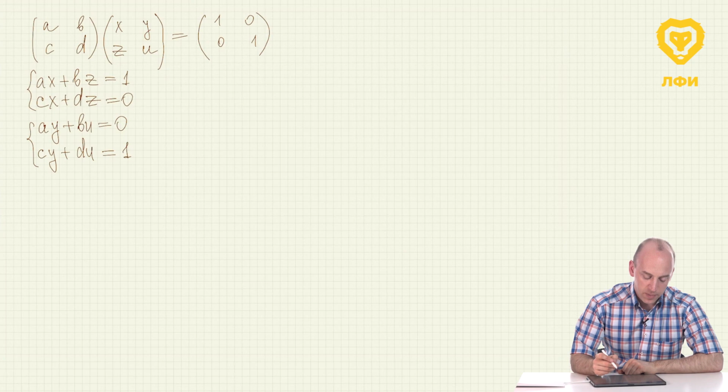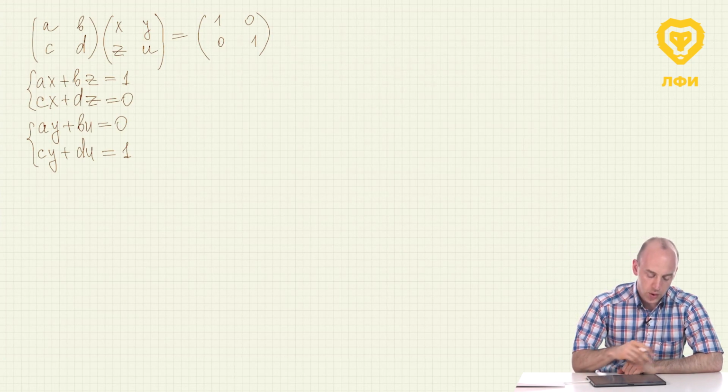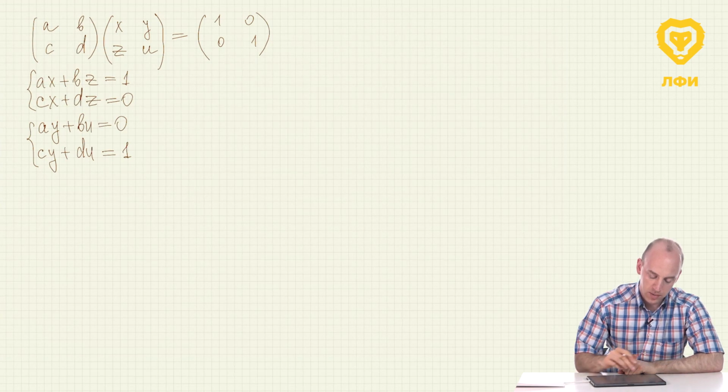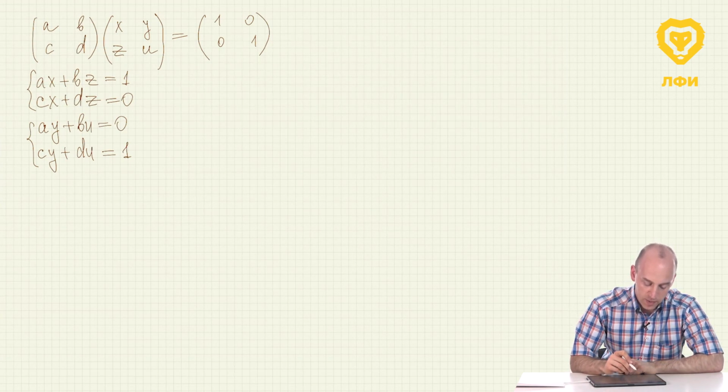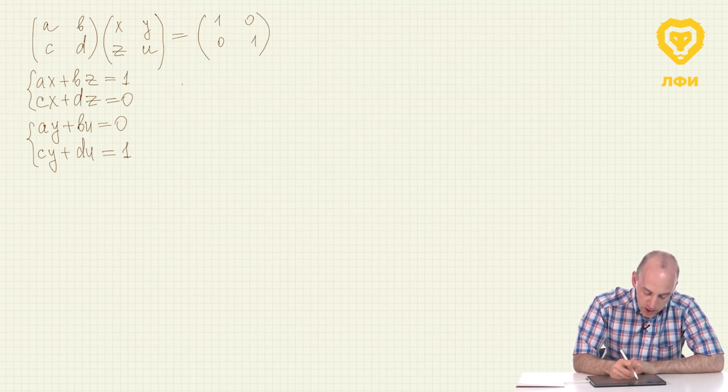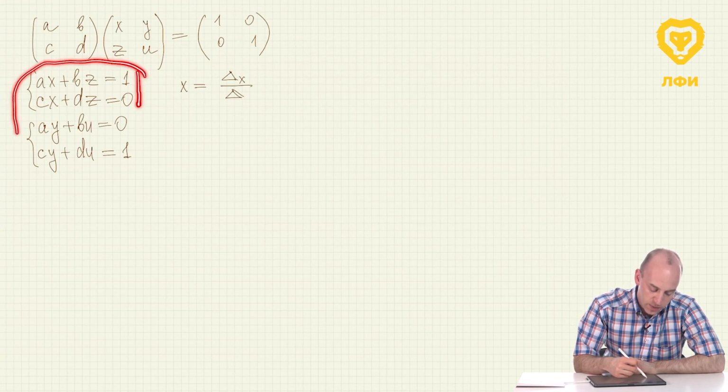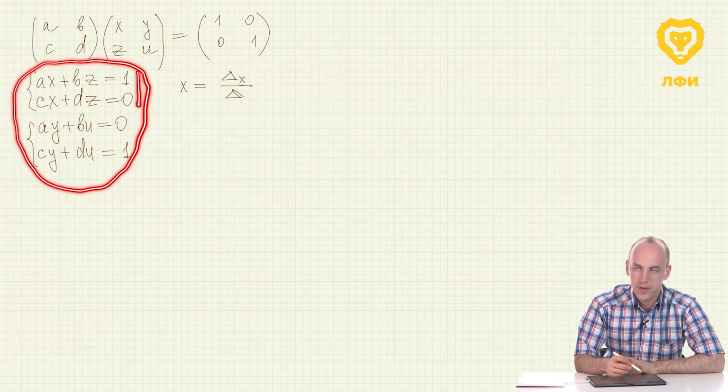And now let's solve both these systems of equations, using the rules with matrices we have obtained. So we recall that x is equal to delta sub x divided by delta. By the way, here we can see that quite formally, we have a system of 4 equations with 4 variables.